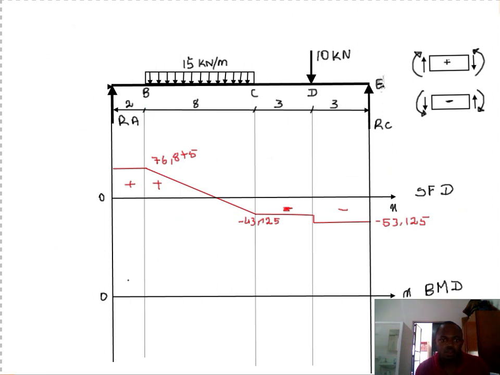So we go from here, let me take a straight line, from here we go to here. But from B to C, due to the UDL, it's not a straight line, it's a curve.